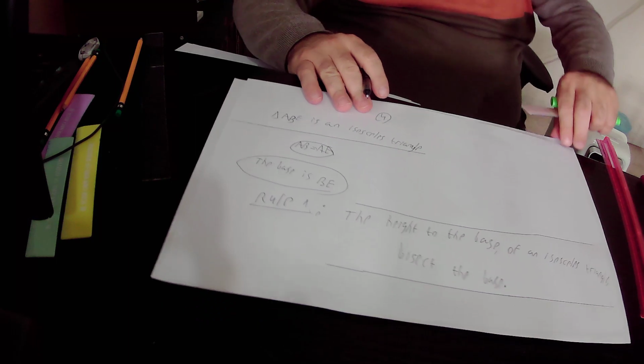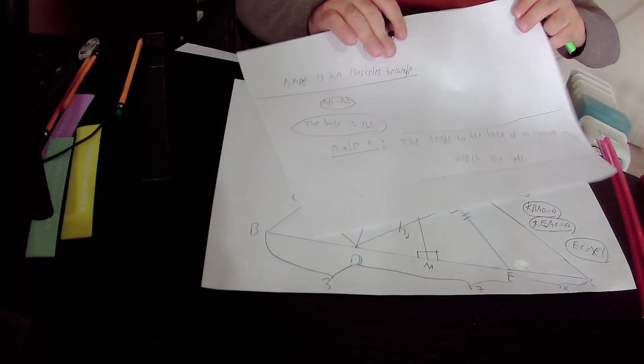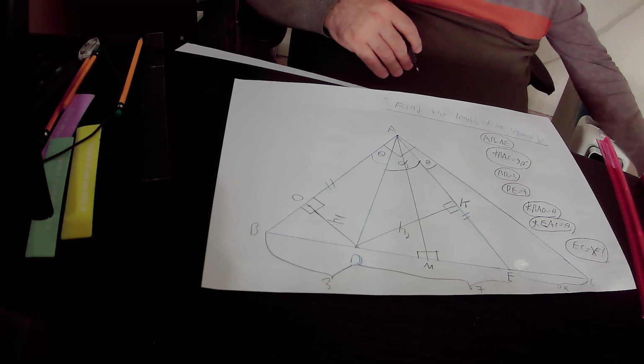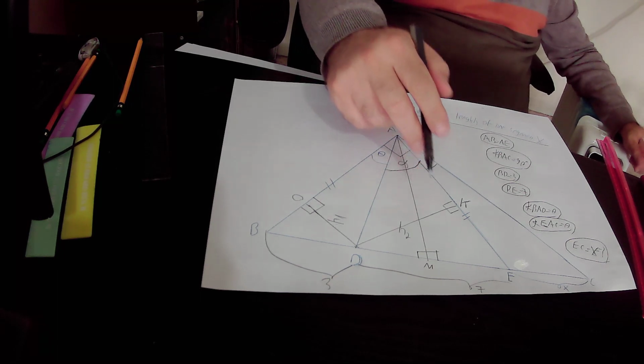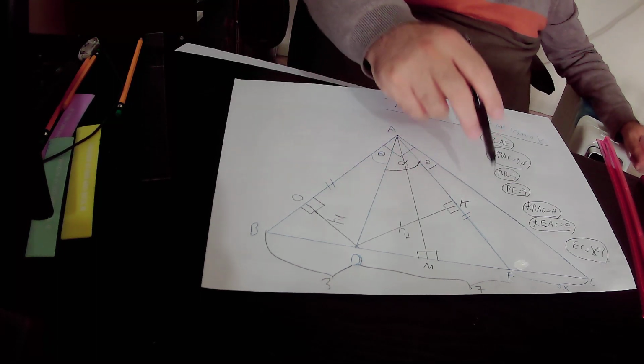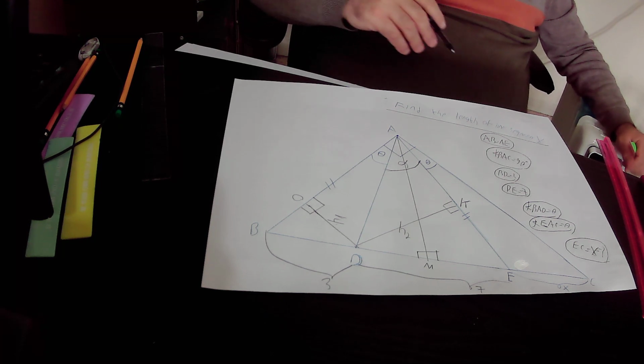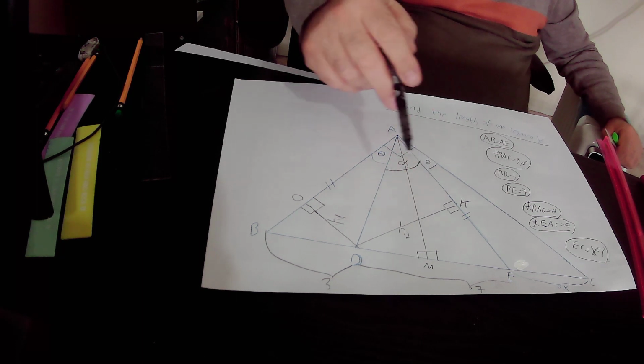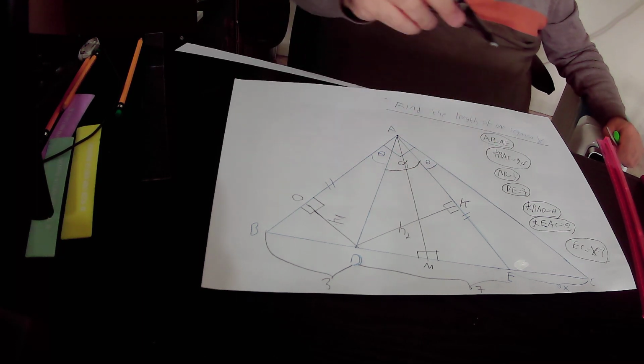So here we have, as I already mentioned, AM is the height to the base BE, and according to rule number 1, the height AM bisects the base BE.